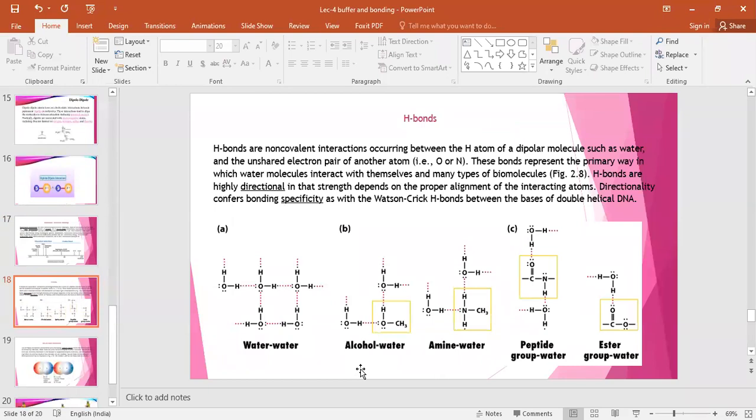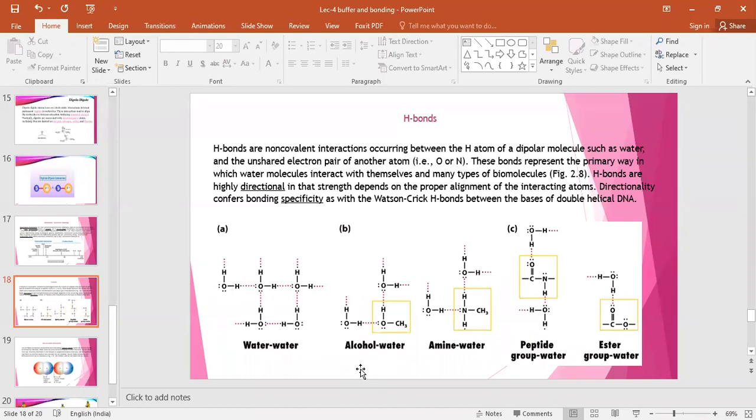Yes, the examples of hydrogen bonding: hydrogen bonding happens in water, and also with polar molecules. Polar molecule or hydrophilic molecule means what? The molecule which loves water. Hydrophilic, hydro means water, philic means loving, so a water-loving molecule, meaning a polar molecule.